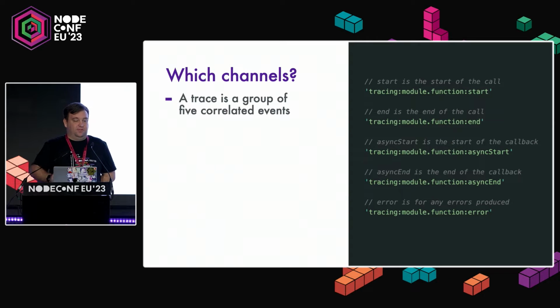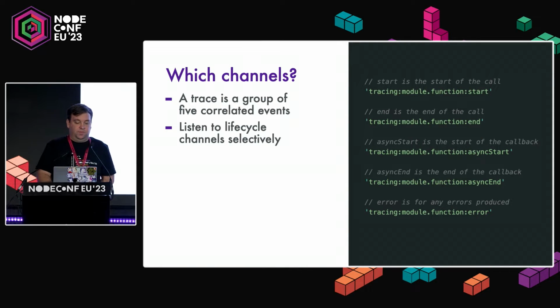And then there's errors. And so you can selectively listen to which channels you need. A lot of vendors might not care about particular events. Most tracers consider the end of the span to be the async start. That's when the callback is reached, and then it's now something else. So the async end we mostly don't listen to.